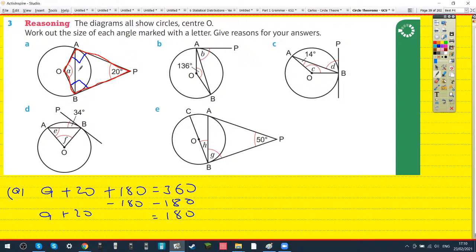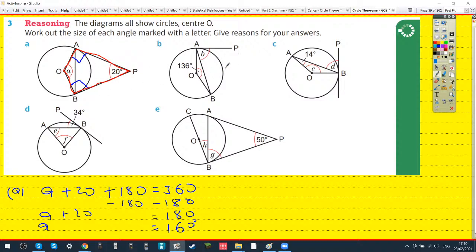And so what is A? A is 160. 180 minus 20 is 160. Yeah. And so when you have this shape, they add up to 180.